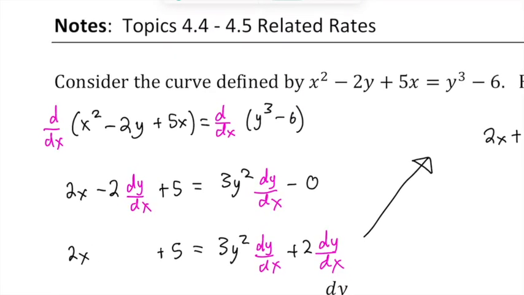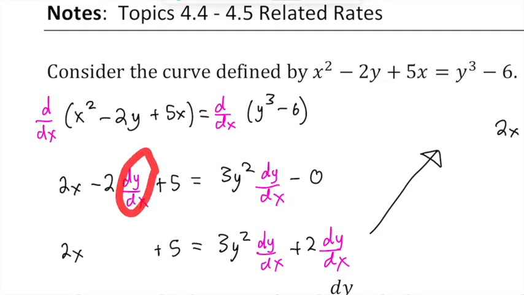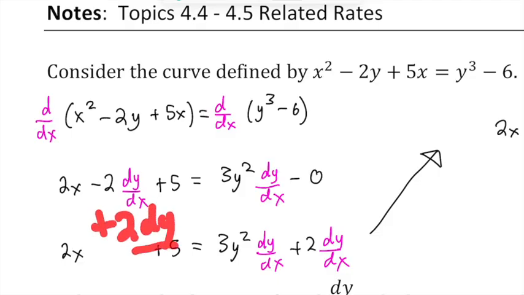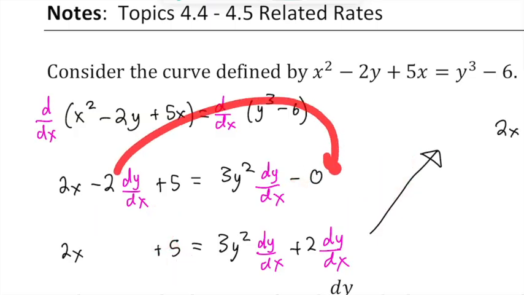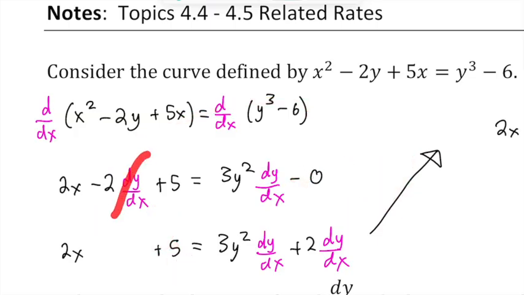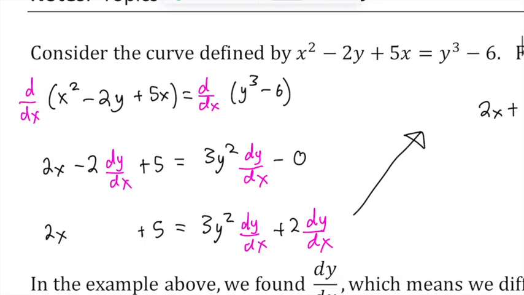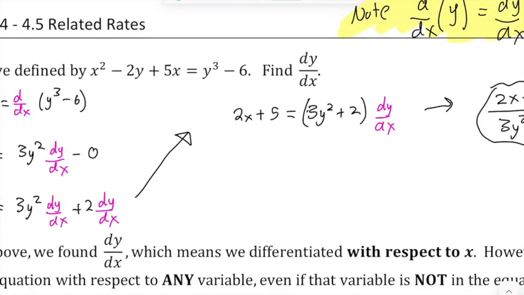If we're trying to find its derivative, we need to isolate this dy/dx. So I added 2 dy/dx to each side. You basically move it over by adding it, it disappears from this side, and you get your plus 2 dy/dx. Now we've isolated the dy/dx's, so we factor them out of these terms.